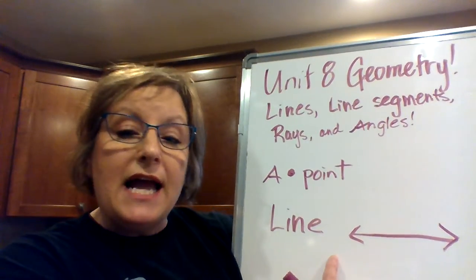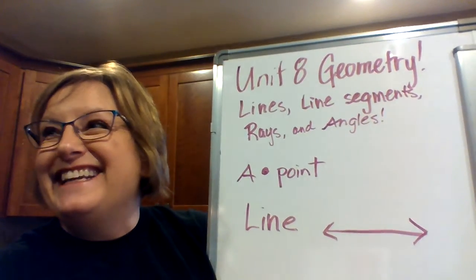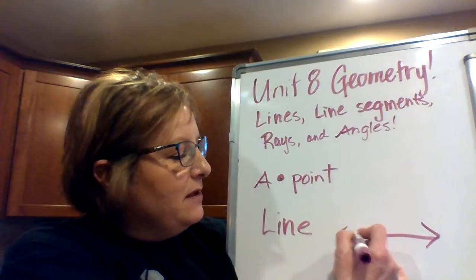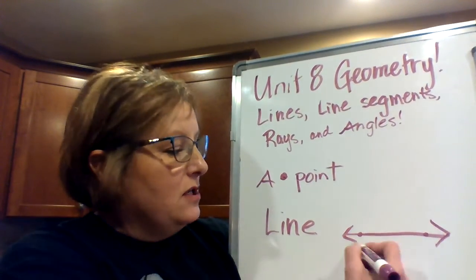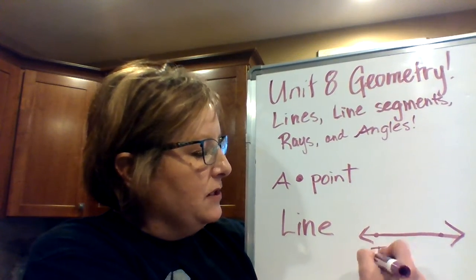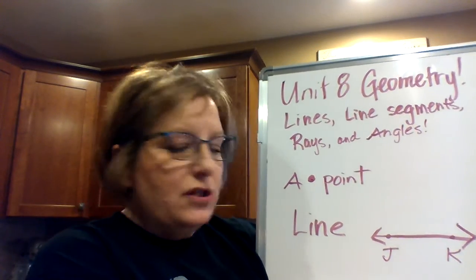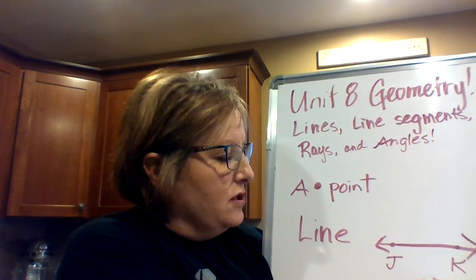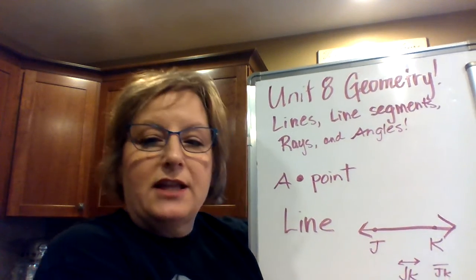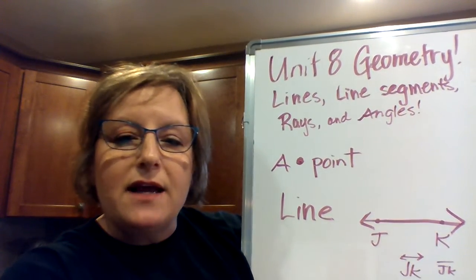So when you draw a line, those arrows are telling us that it goes on forever and ever in both directions, okay? Then we are going to label our lines with two letters. Any two letters, make sure they're uppercase. So I'm going to do JK. This is line JK. We can show it like this, and then we can also show it like this, or just line JK like that. Okay, so a line has arrows on both sides.